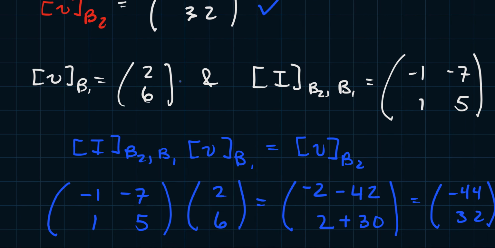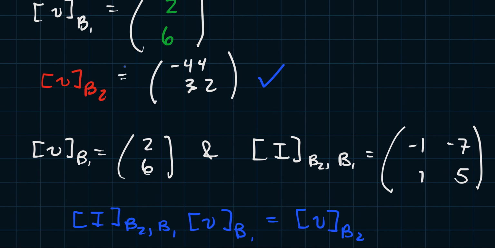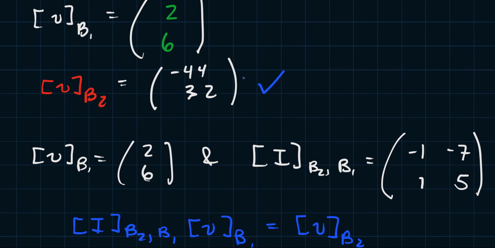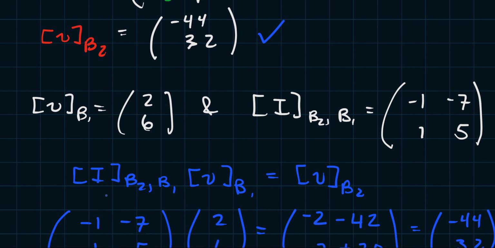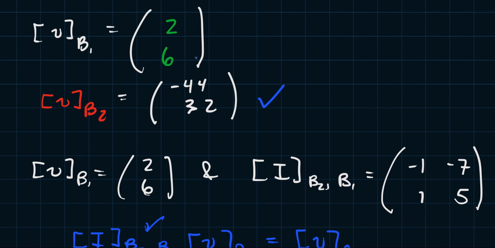So what I want to say now is, remember how we found this matrix? We actually found the C1 and the C2 in front of those vectors by making an augmented matrix. Well, this time, instead of actually doing that, once you have this vector here, all you have to do is take the change of basis matrix that you found, and just multiply it with this, and you'll get this matrix.